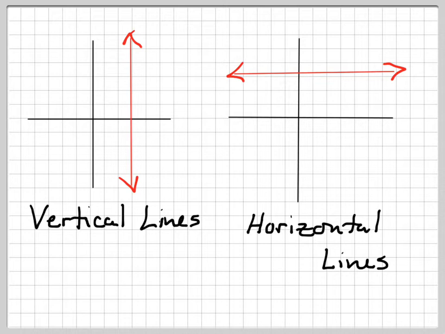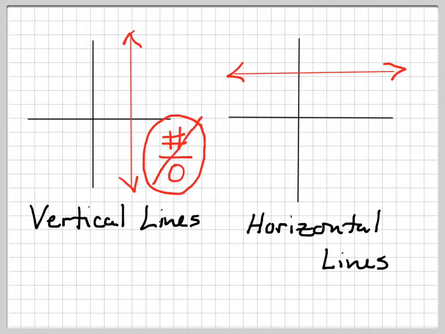Anytime a line goes straight up and down, it's when we have a number divided by 0. And anytime you try to take a number and divide it by 0 in the calculator, you're going to get an error because this is not allowed. So vertical lines, the slope is always undefined.